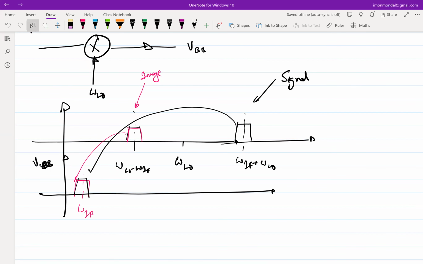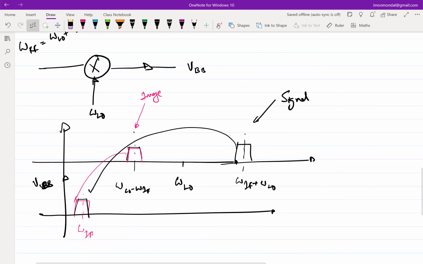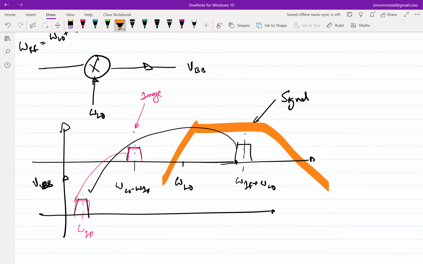So generally what is done is, before the signal is fed to the mixer, you have to filter out the potential image. So essentially you need a filter which cuts out the image and only gives you the signal of interest. Then the red part will not be there, only the black part will be there.